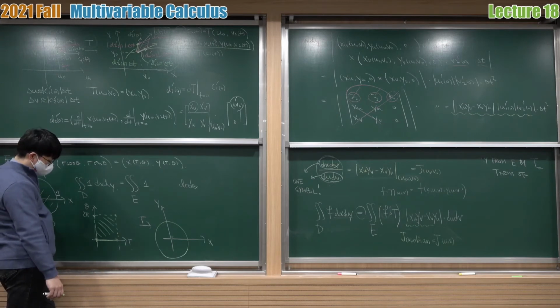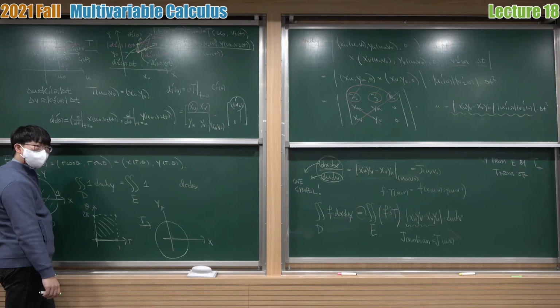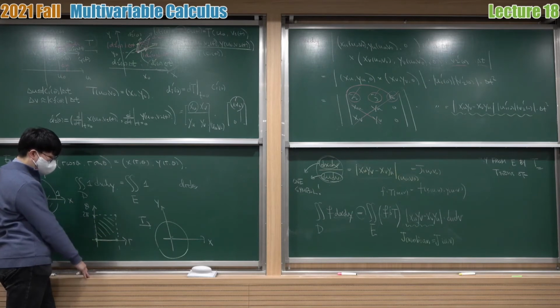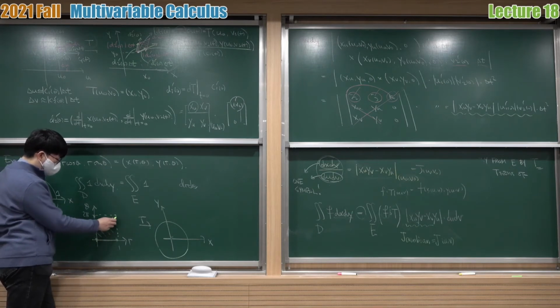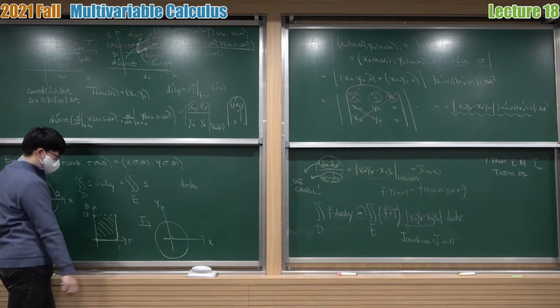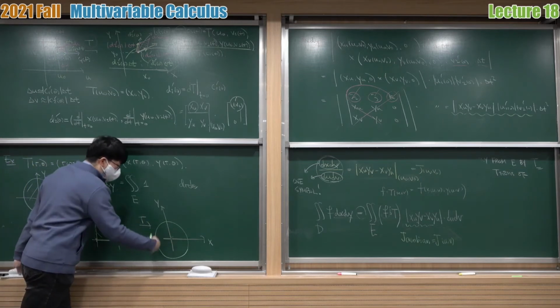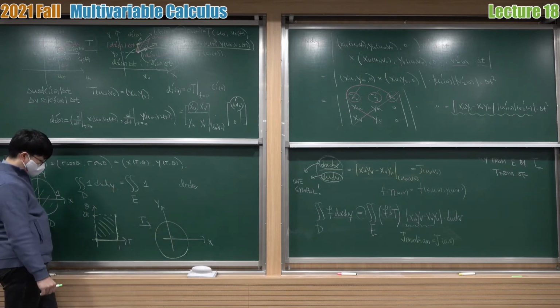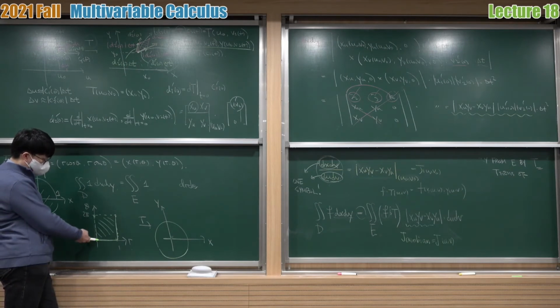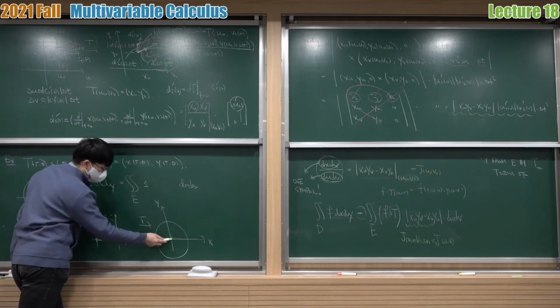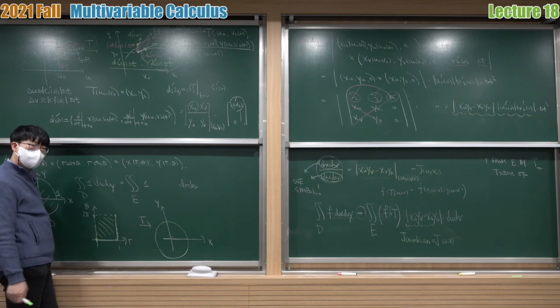Why do I exclude r equals 1? Right, I don't have to exclude r equals 1. Okay. How about theta? If I keep theta at 0, then I basically have this line, but that's okay.